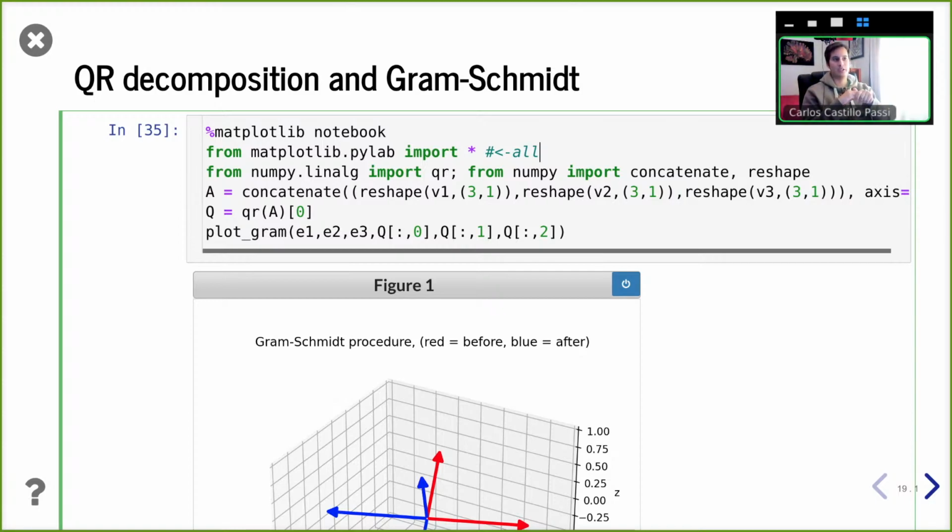So it's better just to import the specific functions you will use to avoid name collisions and also overhead when you're loading the packages. So this line is not very recommended to import all the packages. Try to import only the ones you will use.